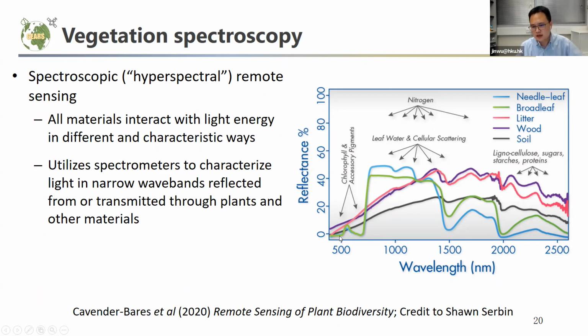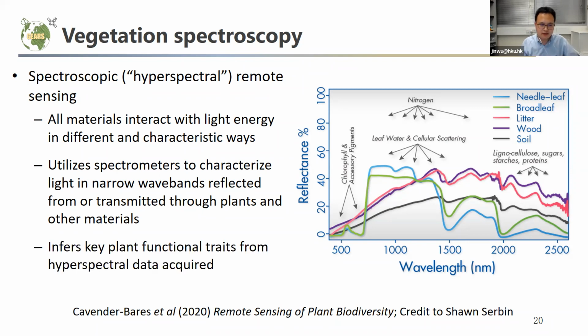For example, like the data shown here, normally the data is interpolated to 1 nanometer resolution, but the sensor has an accuracy of about 3 nanometers. So that's the reason we can now see a lot more detailed information based on hyperspectral reflectance.